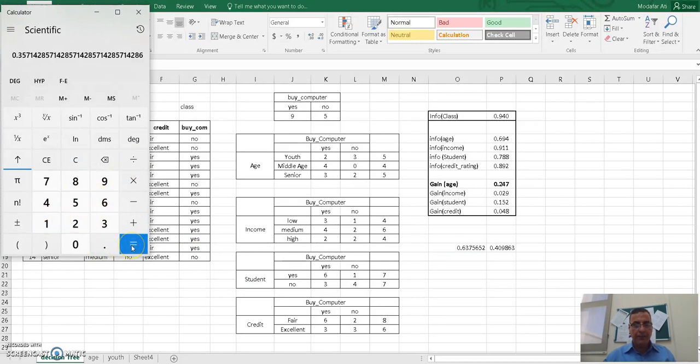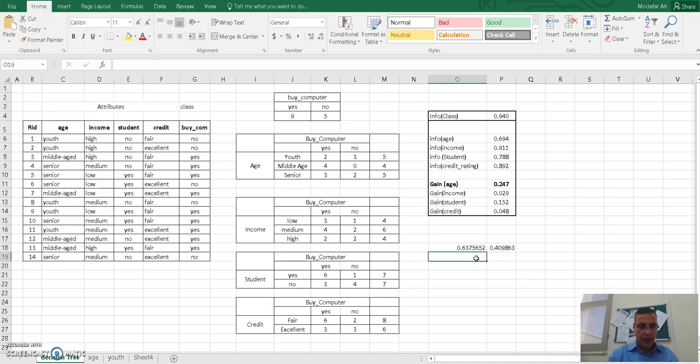Take the ln of it, divide by ln of 2, which is 0.693, and we've got this number here, 1.47. Remember, we have to multiply this one by 5 over 14, so this value times 5 over 14.